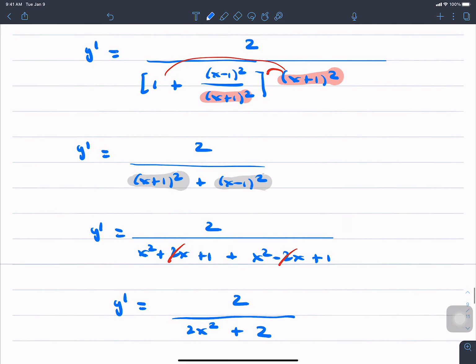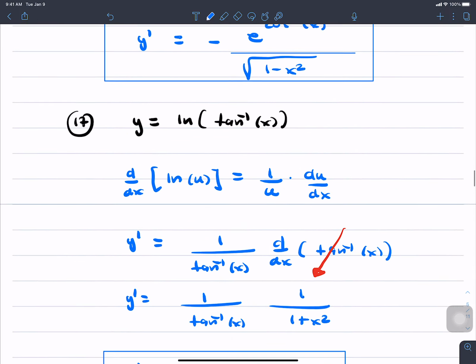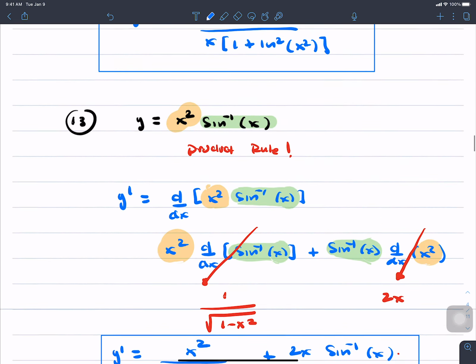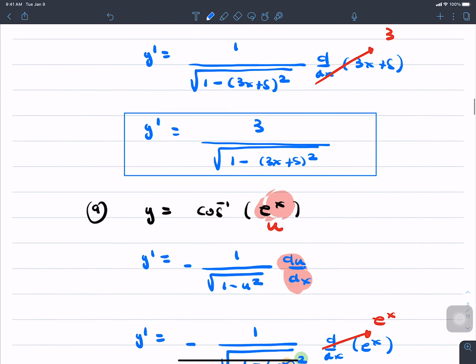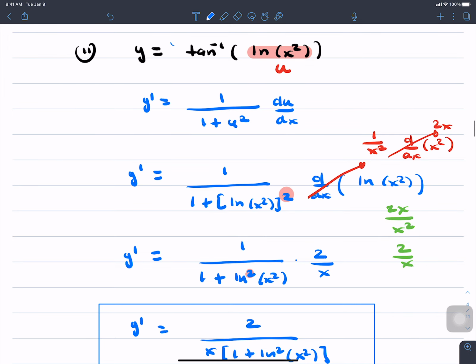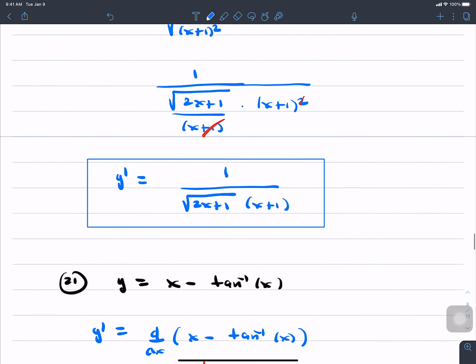Should I check? Oh, I did. No, that wasn't it. Oh, inverse tangent of natural log x squared. Very similar. Okay. Well, it was similar. Okay, we didn't do the exact one, so let's finish that.